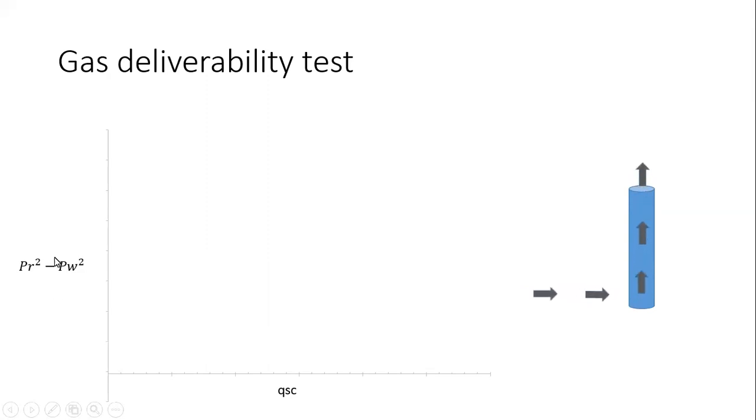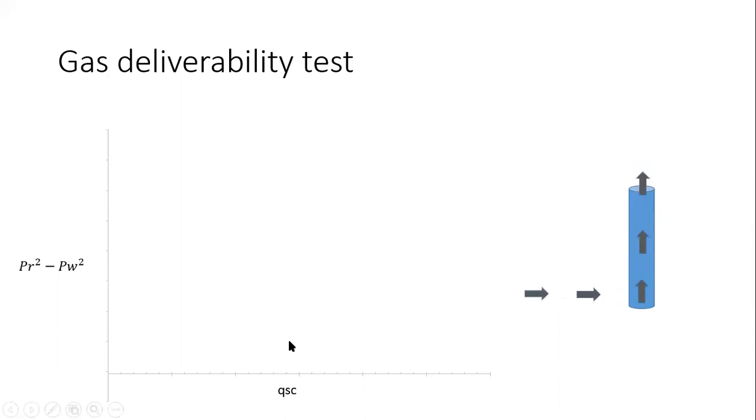If PWF becomes 0, then the flow towards that well is expected to be maximum. So the maximum value for the y-axis is PR square minus the minimum value of PWF, which is 0, meaning simply PR square. So it starts at 0 and ends at PR square. In between is the difference PR square minus PWF square.